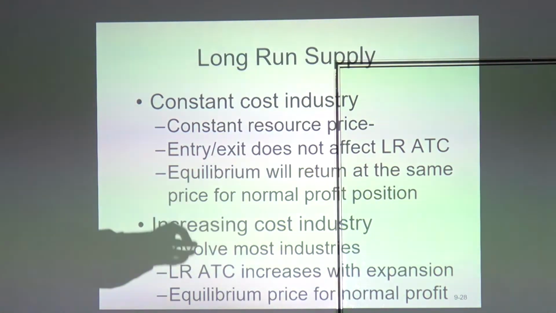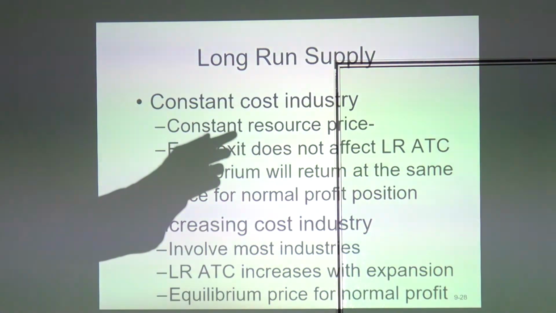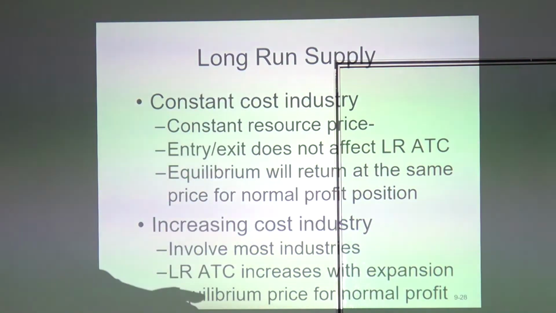Okay, from this analysis, we are able to derive the long run supply curve of the firm. Okay, in a constant cost industry that we have just discussed, we assume that the cost of production of firms does not change whenever the size of the industry expands or reduces.